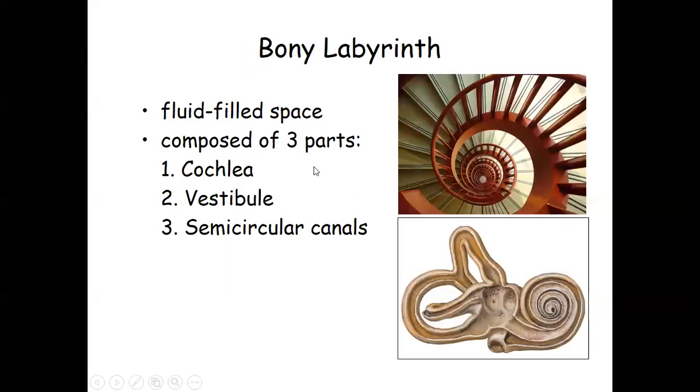It is composed of three parts. We have the cochlea, which has a shell shape. Sorry, just now I wrongly said egg shape; it is not egg, it is shell shape.